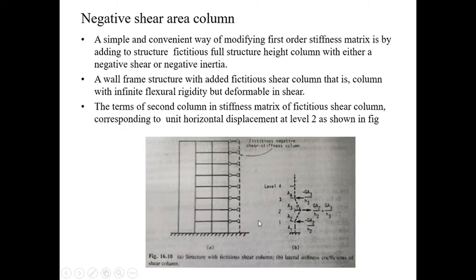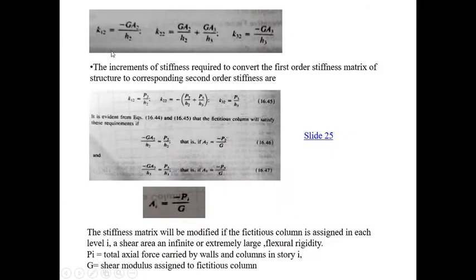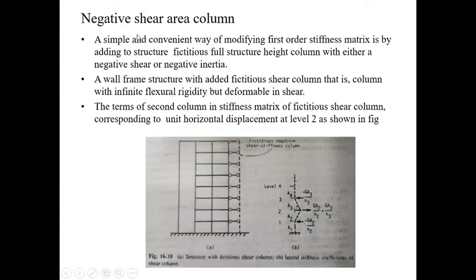So the terms of the second column, when you consider the stiffness matrix, when I'll show you the stiffness matrix, the second column, the fictitious shear column will be added there, and there will be unit displacement as shown here at the level 2. So here what happens, K12 is equal to minus GA2 upon H2.